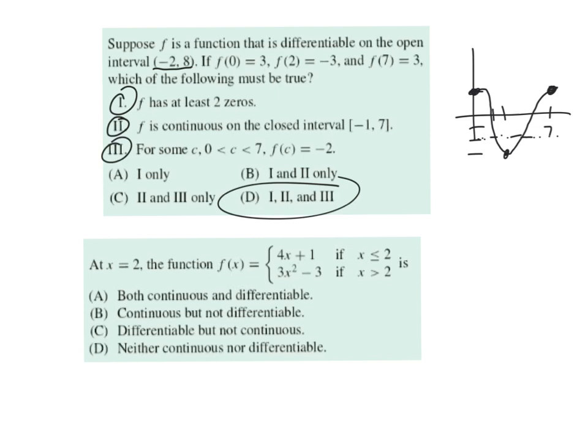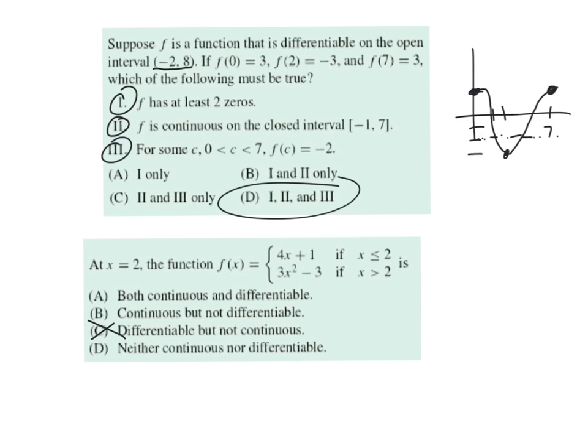At x equals 2, the function is both continuous and differentiable, continuous but not differentiable, differentiable but not continuous, neither continuous nor differentiable. All right, one of these we can just cross off right away, right? There's no such thing as being differentiable but not continuous. That's impossible. If it's differentiable, it's automatically continuous. All right, so let's check if it's continuous.